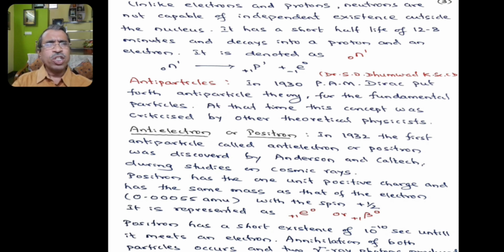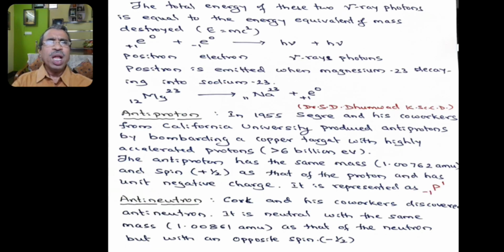The positron has a short existence of 10 raised to minus 10 second until it meets an electron. Annihilation of both particles occurs and 2 gamma ray photons are produced. The total energy of these 2 gamma ray photons is equal to the energy equivalent of the mass destroyed.